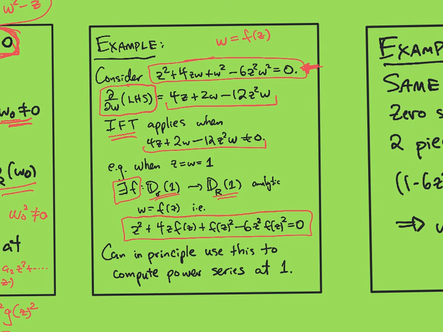So we have an analytic function that gives us the roots of this polynomial that you would view as having coefficients of polynomials in z. So you could use this to actually compute the power series at 1. I don't know that we have anything as nice as the Lagrange inversion formula in this case.